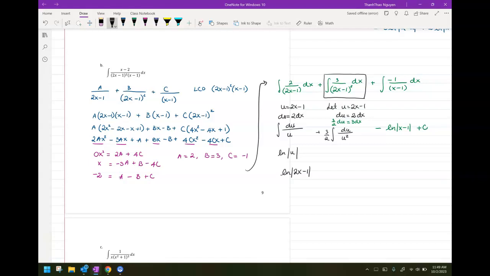Okay, and that becomes negative 3 over 2 times 1 over u, and that is minus 3 over 2 times 1 over 2x minus 1, and the last integral is just negative ln of x minus 1 plus c.